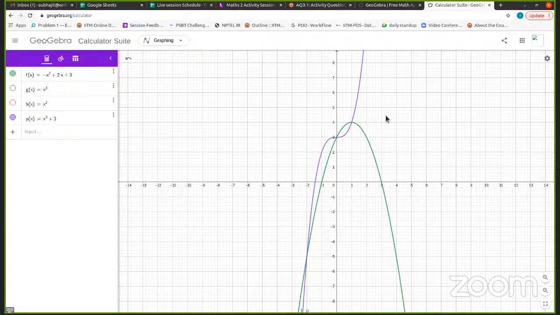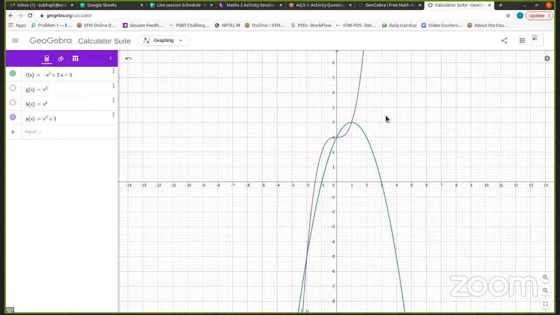What is the right hand limit? 3. And f of 0 is also 3, right? So these three match. So at x equal to 0, this function is continuous. Now, is it differentiable at 0? No, because it is a sharp edge.